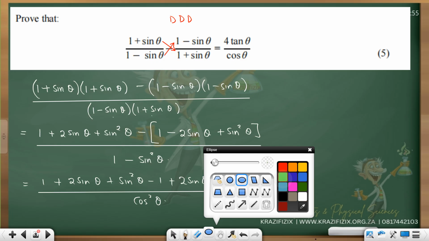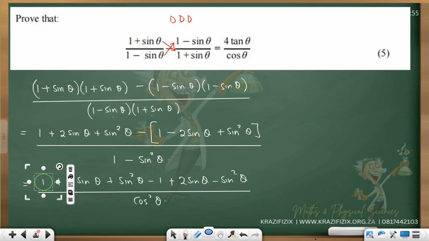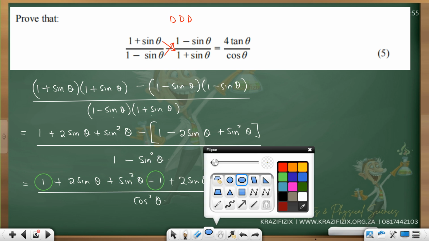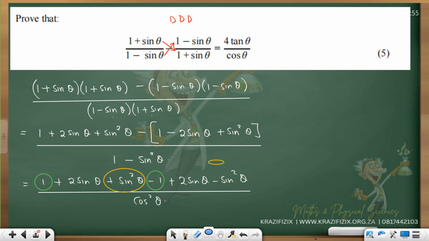Now, what do you notice? Let's see. Do you notice there's a 1 here, minus 1, which would give me 0. Sine squared theta minus sine squared theta would give me a 0. What am I left with? I'm actually left with 4 sine theta over cos squared theta. But I want a tan. Oh, look at this.